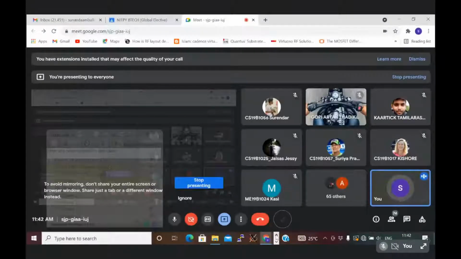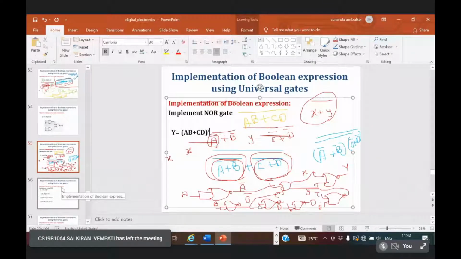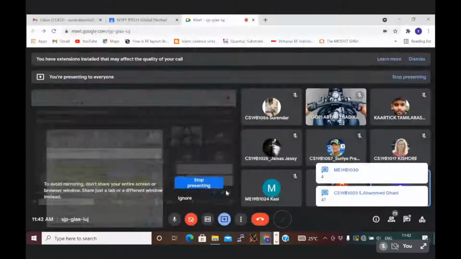See, so next we'll see how many number of NAND gates are required to implement this same type of expression. You try to implement this expression using the NAND gate. Now tell me how many number of NAND gates are required here. Anyone? 4.